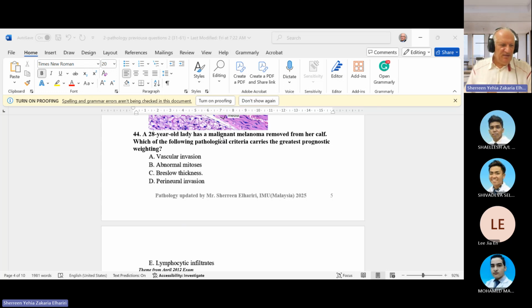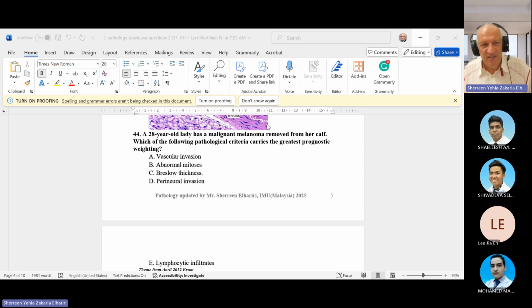Of course, you need to know that in melanomas we have two scorings: Breslow thickness and Clark level. Breslow thickness is a measurement done under the microscope. You can see, for example, it is good prognosis if it is 0.7 millimeter, bad prognosis if it reaches 3.5 millimeter. So it is the thickness and seen under the microscope.